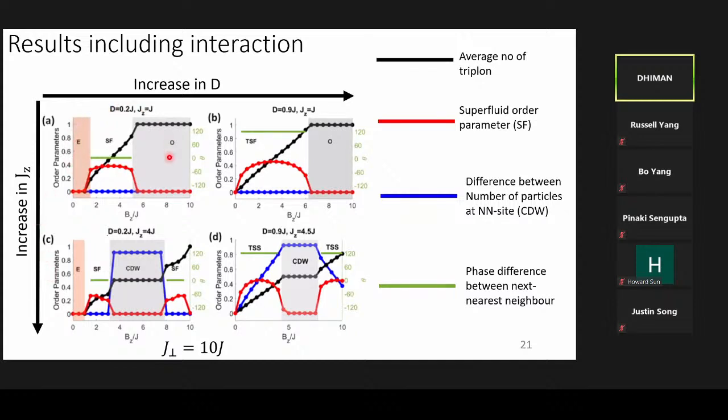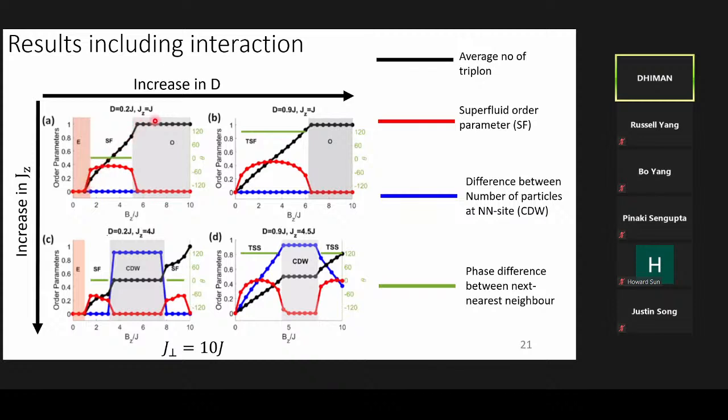Let's start with plot A, which is a well-known plot in the non-interacting limit, where the interaction is small. The magnetic field is increasing. At 0 magnetic field, the lattice is empty of triplons, so there is no triplon. At a cutoff of the magnetic field, the number of triplons rises, which is denoted by this black line.